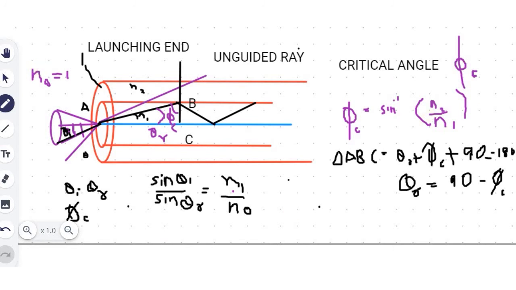So what is sine of 90 minus phi c? Sine theta I by sine theta r is n1 by n0, and theta r is 90 minus phi c. Sine of 90 minus phi c is cos phi c. So sine theta r is equal to sine of 90 minus phi c, which is equal to cos phi c.